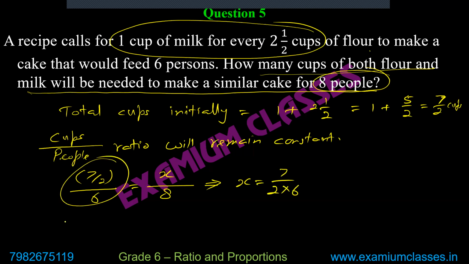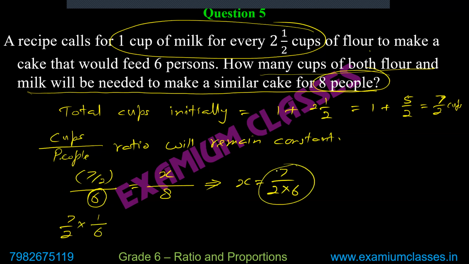Remember, when you simplify this one, it will be 7 by 2. And then 6 will be 1 by 6 when goes into the numerator. So at the moment it is in the denominator. This one is in numerator. Now if we bring this into multiplication, it will be reciprocal of 6. That is 1 by 6. That's how I have written here 7 divided by 2 by 6, this whole thing.